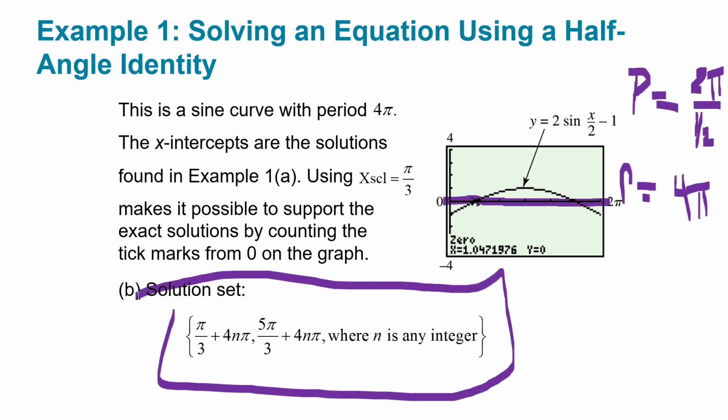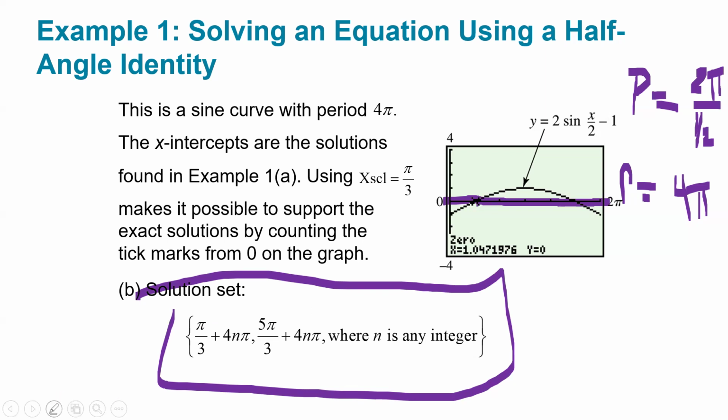To find the next number, it would be 4 pi times n. If I asked for 2 more iterations of your solution set, you let n equal 1, n equal 2, and you'll have another set of data.